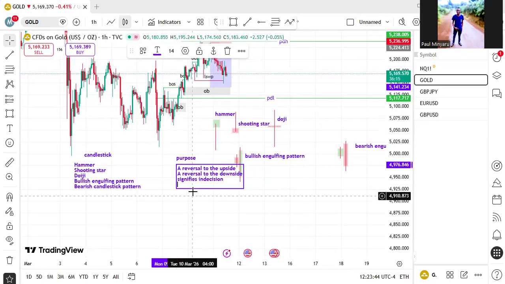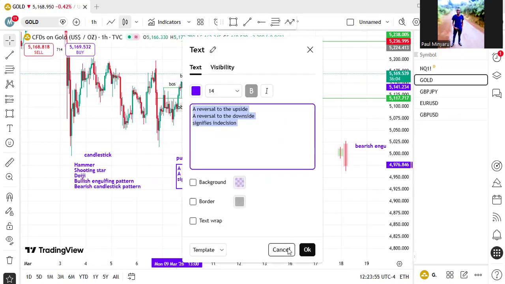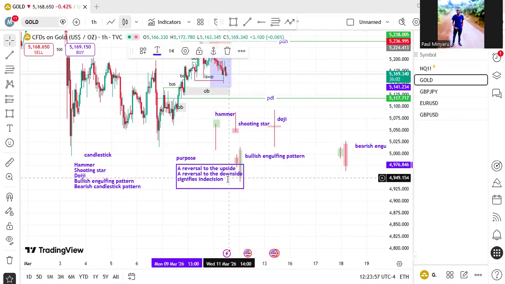So now we are at the bullish engulfing pattern. What does a bullish engulfing pattern signify? It signifies more buys when it occurs in a demand zone or a support zone.